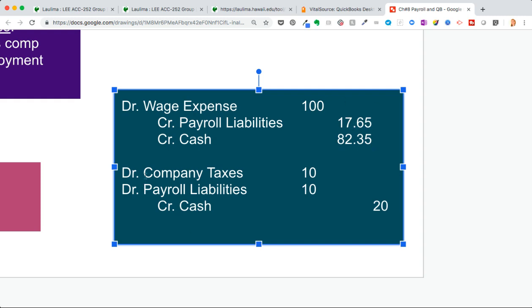Now, the company taxes are going to be the same amount, right? 7.65. And the payroll liabilities without the withholding would be 7.65. And then we would cut a check to the FICA for these taxes for the total, which would be 15.3, I think. Yes, 15.3.